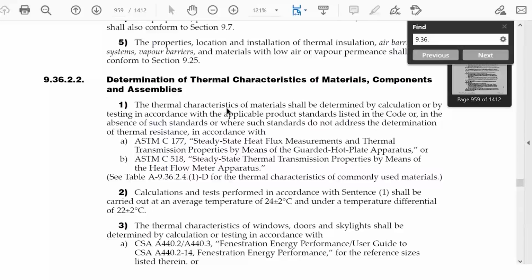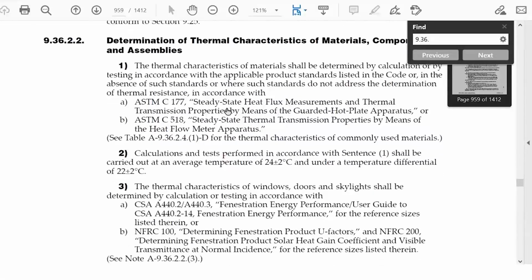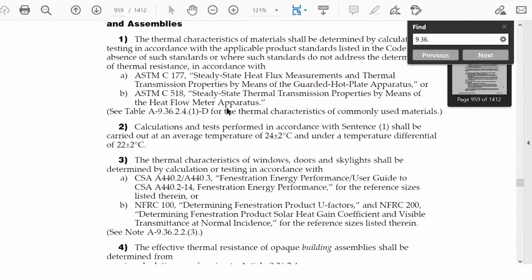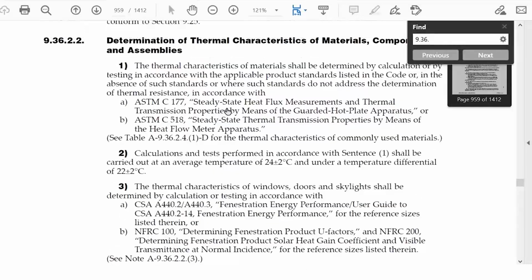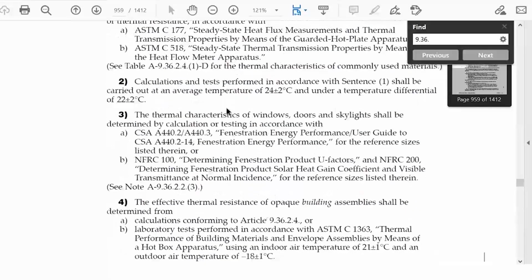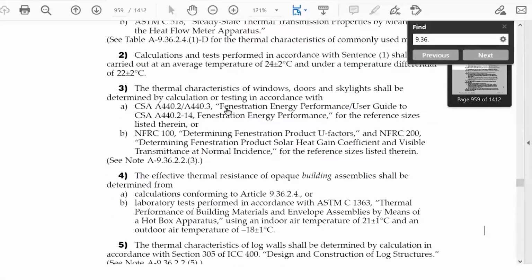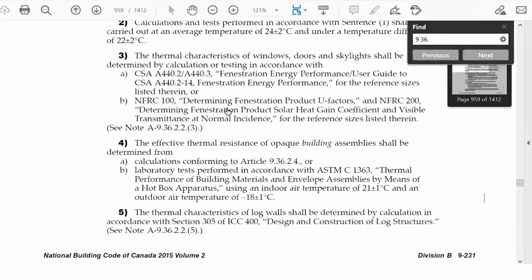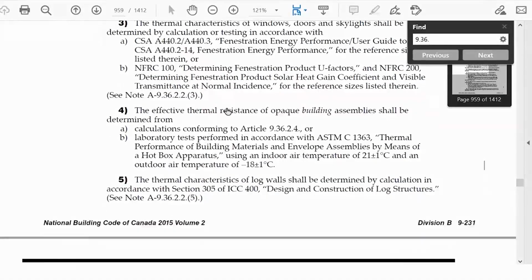The thermal characteristics of materials and components specify the standards related to those products, the tests, how the tests and the calculations need to be performed, at what temperatures. For windows and doors, they can be done by calculation or testing.